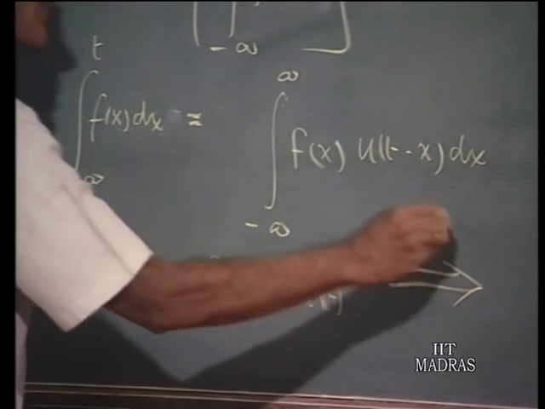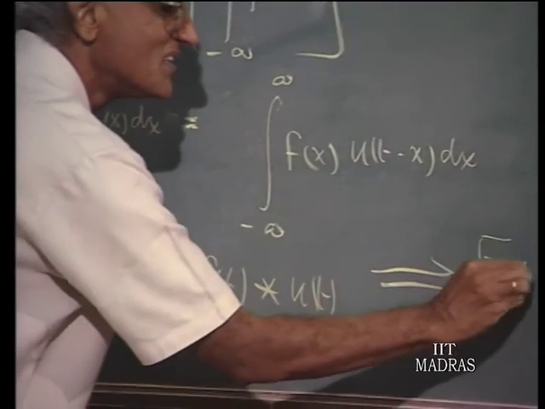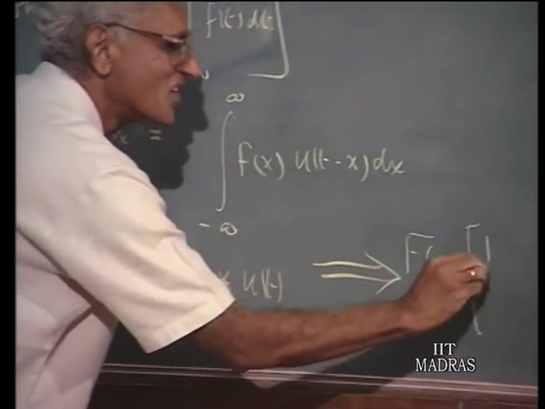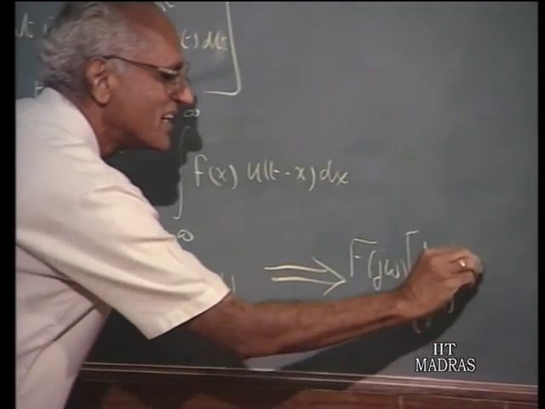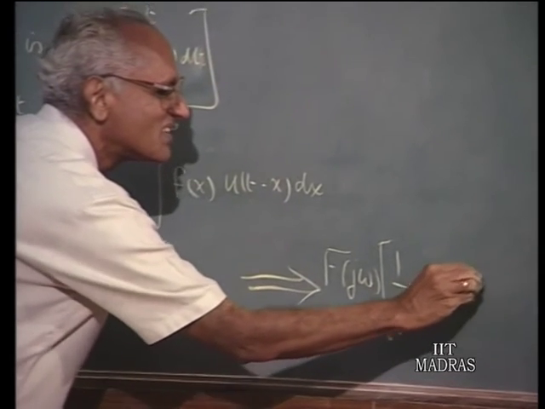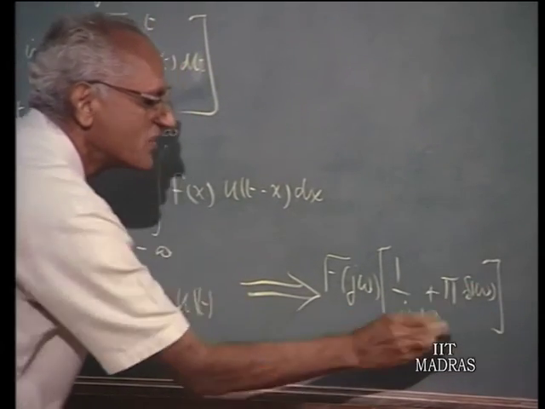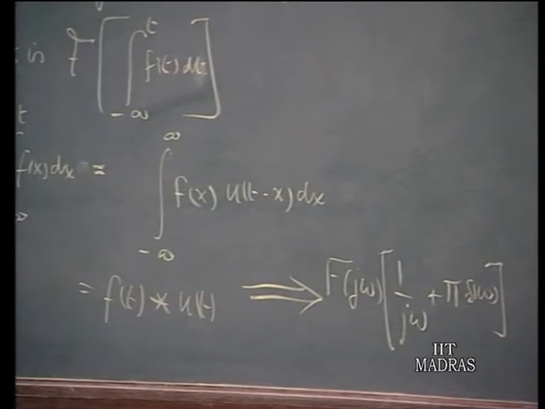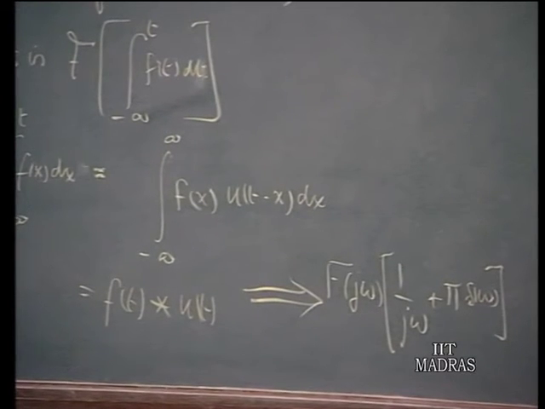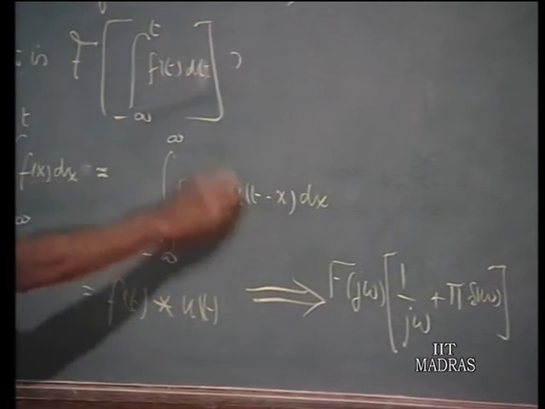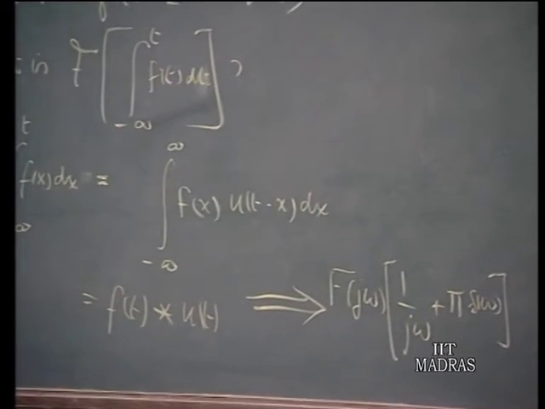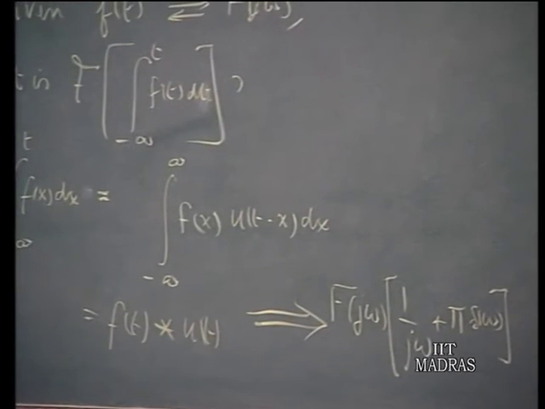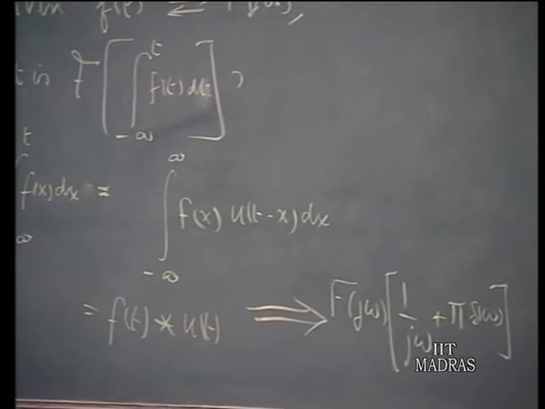The Fourier transform of this will be F of j omega times 1 over j omega plus pi delta omega, that being the Fourier transform of the unit step function. So, the Fourier transform of this is given by this. You observe now that F of j omega is not merely divided by j omega, but you have an additional component F of j omega times pi delta omega.